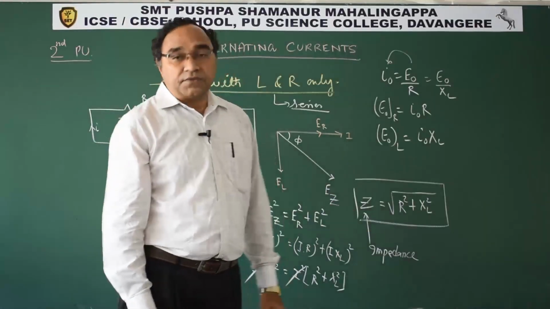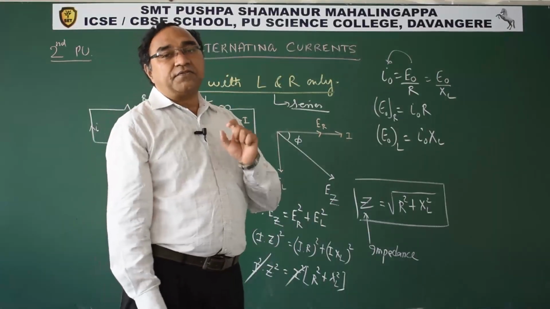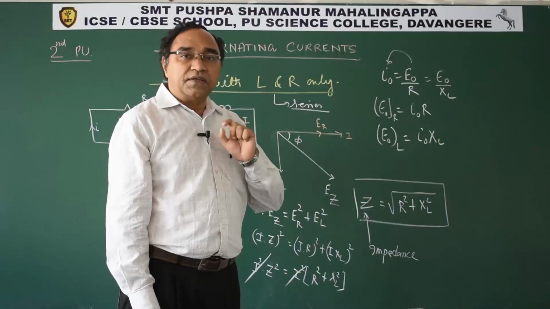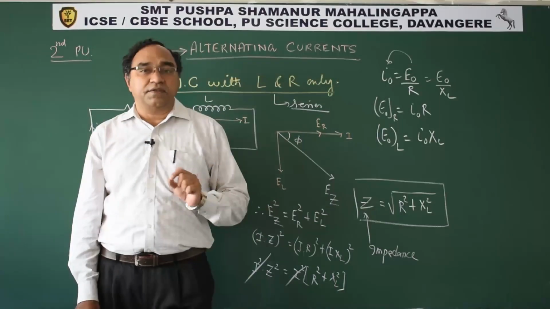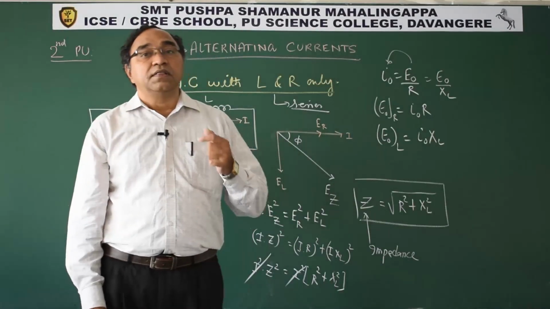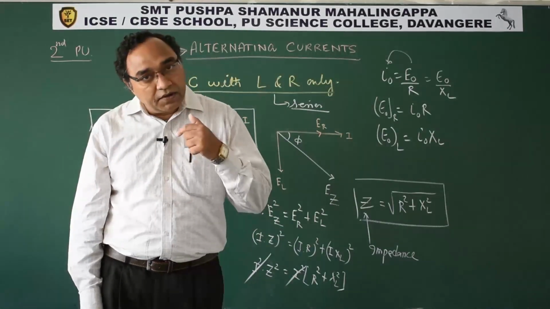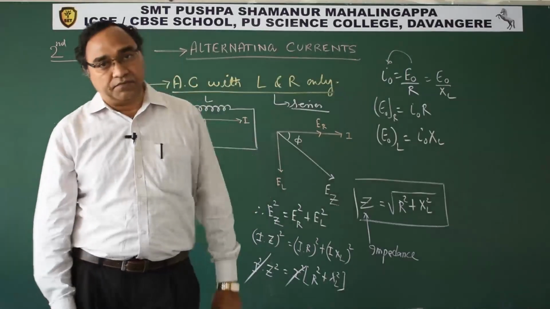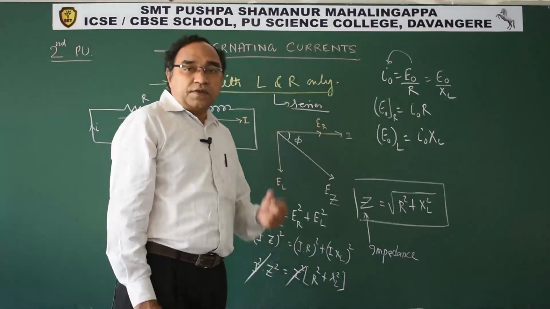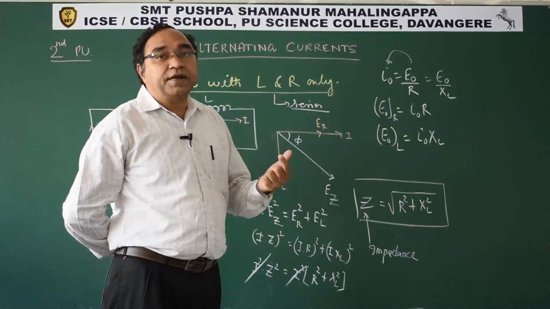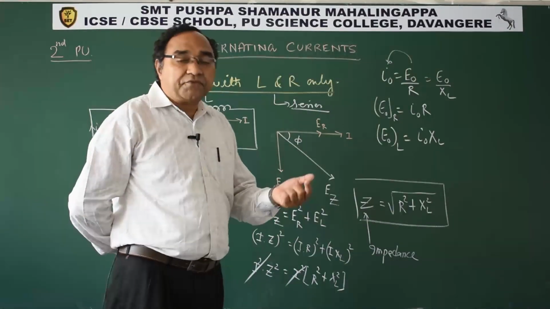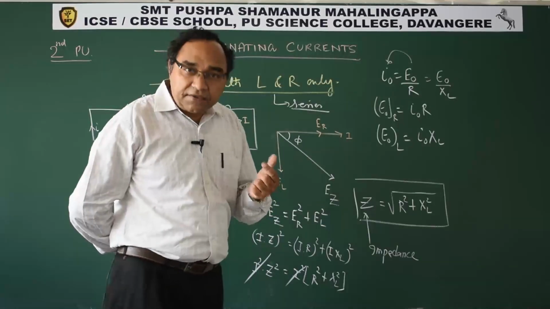Now, resistance is a keyword which is reserved for DC circuit. So when you come across the word resistor, resistance, this means it will naturally be a DC circuit. But suppose in the numericals you come across the words reactance, impedance, it implies we are talking of AC circuit.